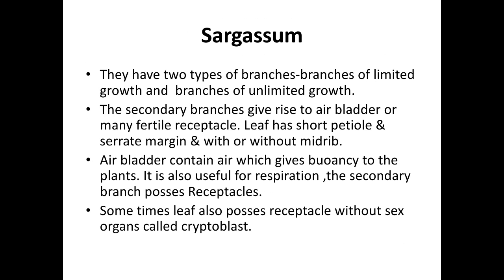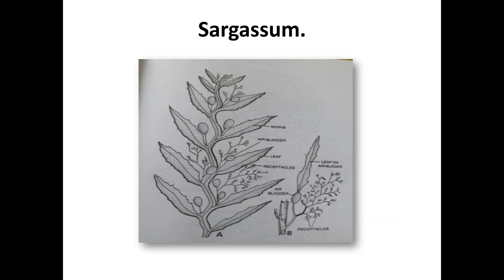It is also useful for the respiration process. The secondary branch possesses receptacles. Sometimes the leaf also possesses receptacles without the sex organs. Now it is called the cryptoblast.